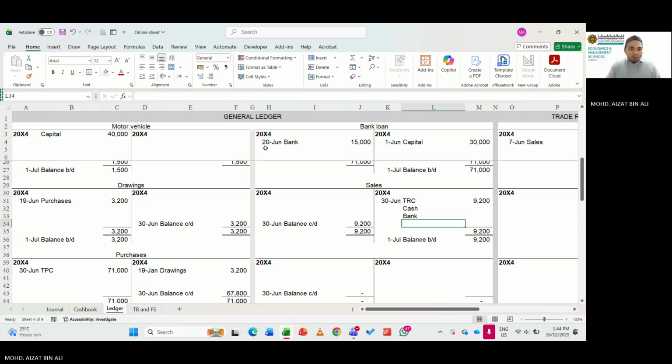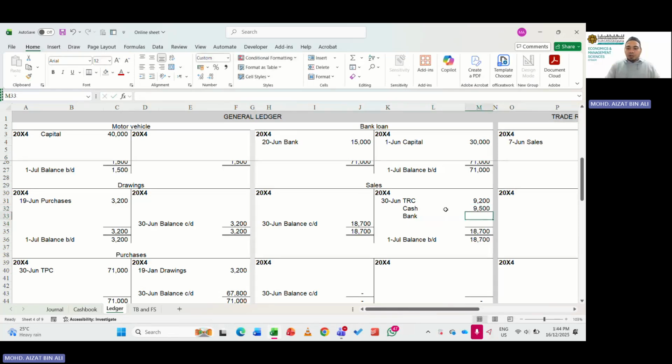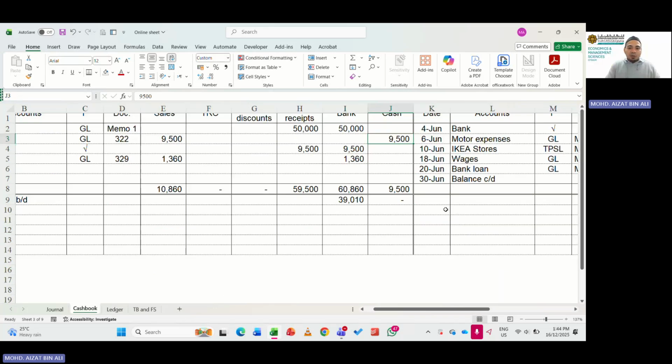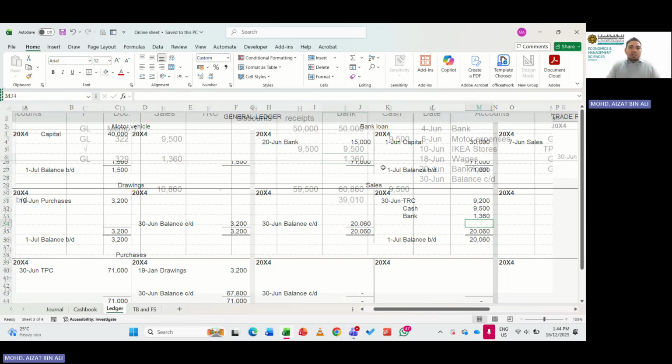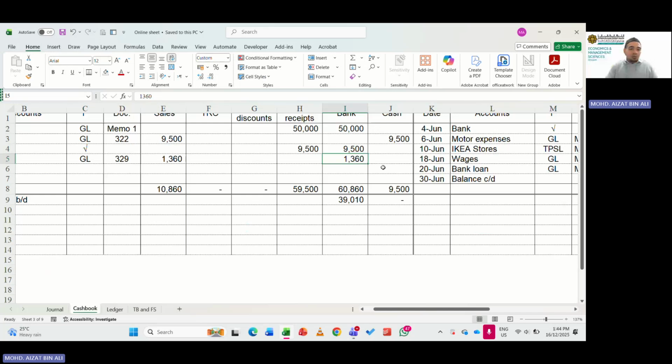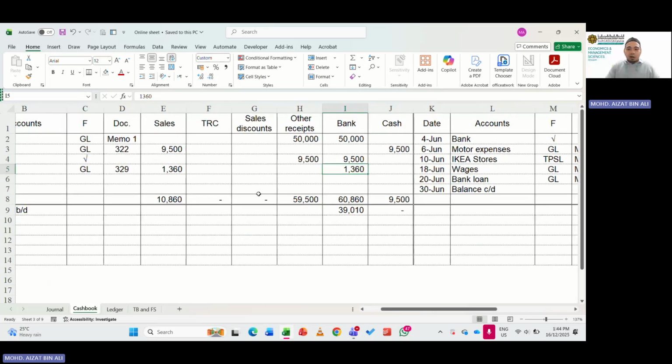You see the first sales, 9,500 ringgit, is in the cash column, so we write down cash 9,500 ringgit. You can see the balance updates automatically. And for the bank, 1360, so we're going to write 1360 here. There is no TRC transaction and no sales discount, so we don't have to update anything else.